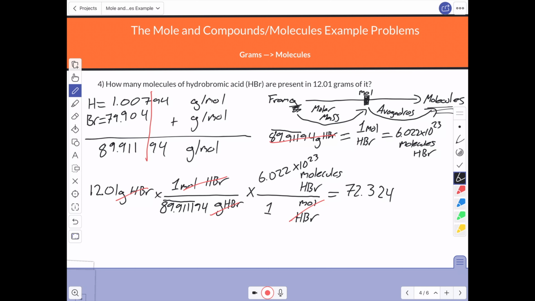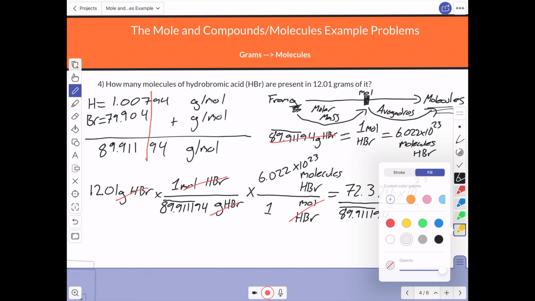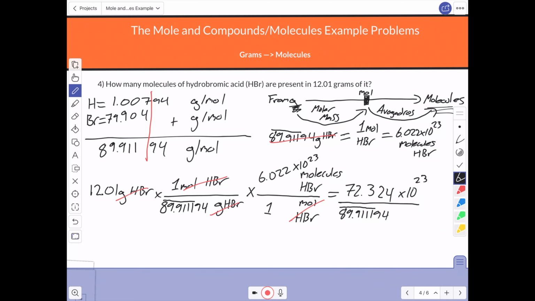And then we're going to leave our exponent times 10 to the 23. And then we are going to be dividing by 80.91194 to the 5 sig figs. This is all with molecules of HBr. Let's do our division now.